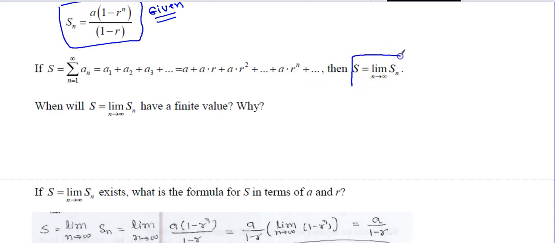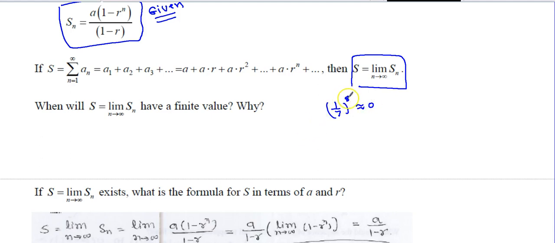What happens to this formula? Here r to the n, as n approaches infinity. In the previous example, remember I told you that 1/7 to the 8 is a very, very small number.